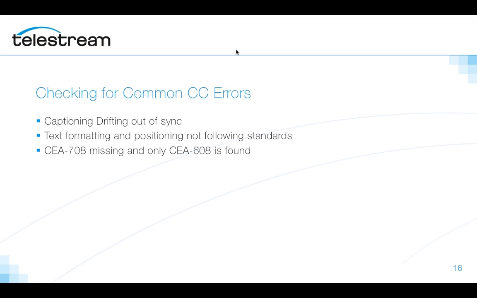What happens is you transcode it, you get the MPEG-2, you send it to your TV station, and they fail it. They say we're just not seeing 708, and only 608 is found. So it's important that you check your MPEG-2 or whatever file you're sending, whether it's to Extreme Reach, to a broadcaster, to PBS, to make sure that both 608 and 708 are there. And that applies to high definition specifically.